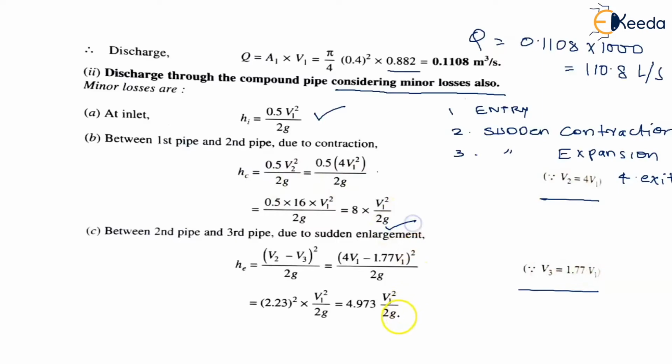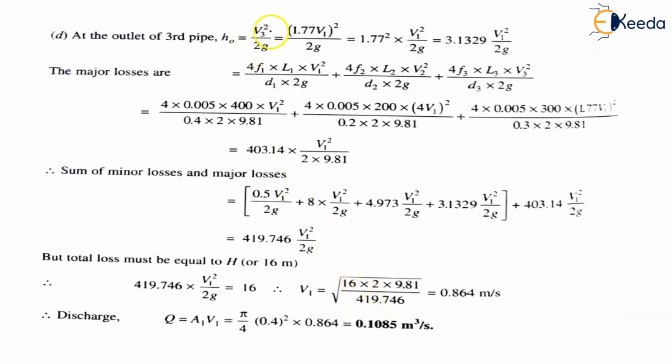For sudden contraction, it will be 8 V1 square upon 2g. For sudden enlargement, it will be 4.973 V1 square upon 2g. And for exit, again the formula is V3 square upon 2g. Substituting the values in terms of V1, we get 3.13 V1 square upon 2g.